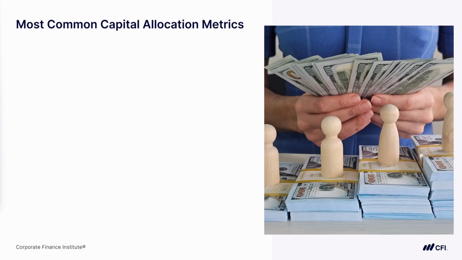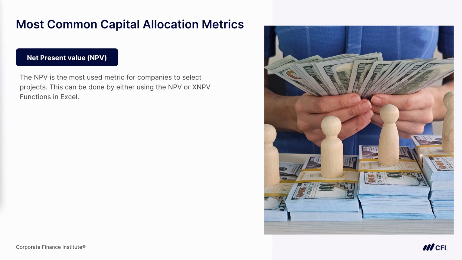So let's now discuss the most common capital allocation metrics. First of all, we've talked about net present value. It is by far the most used metric for companies in order to select different projects. And remember that this can be calculated by either using the NPV or XNPV functions in Excel.